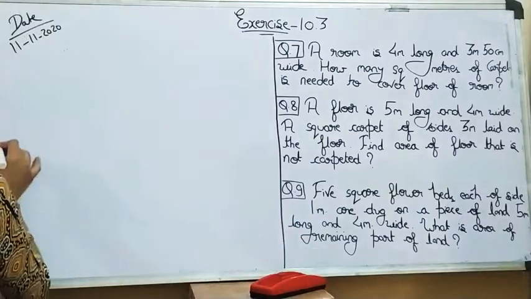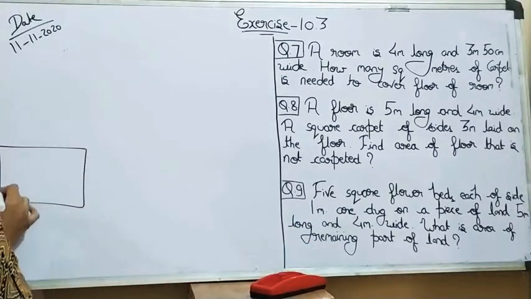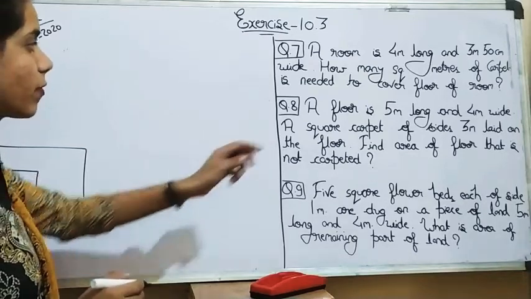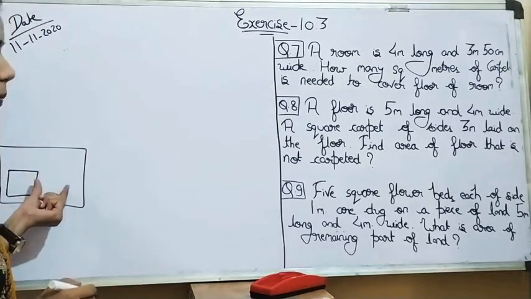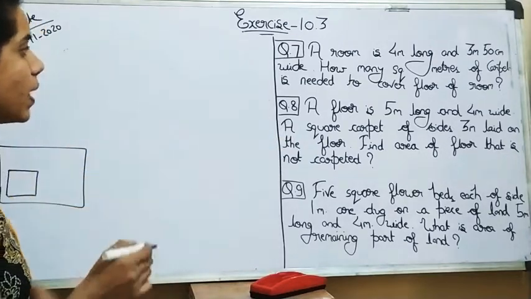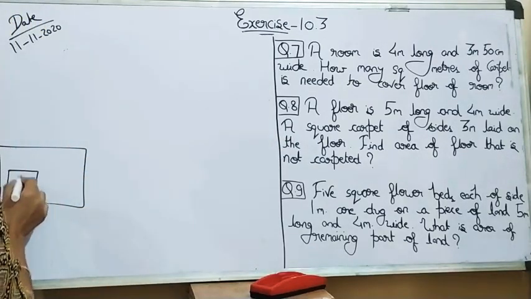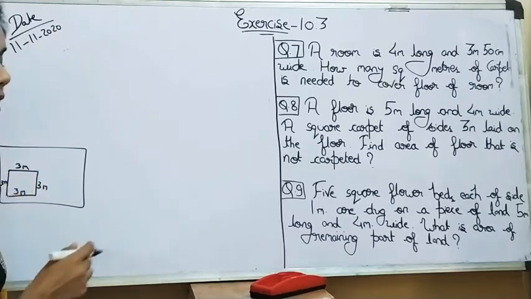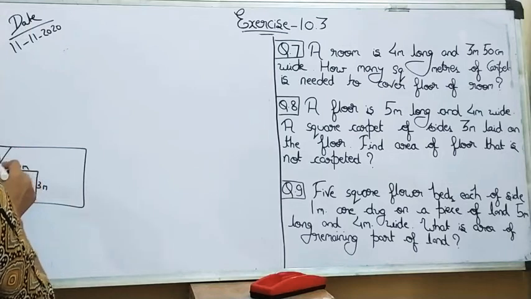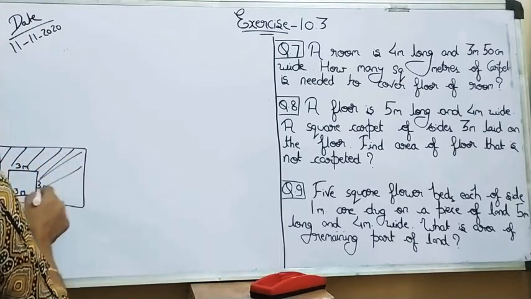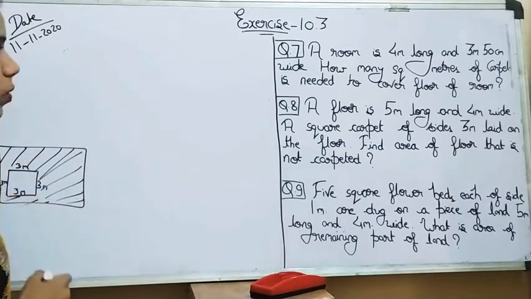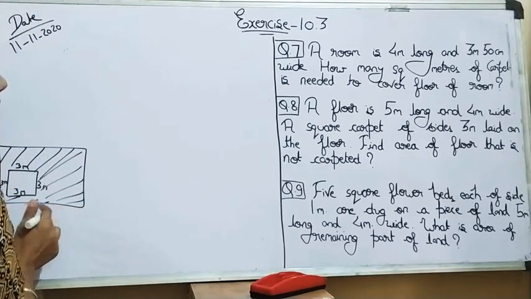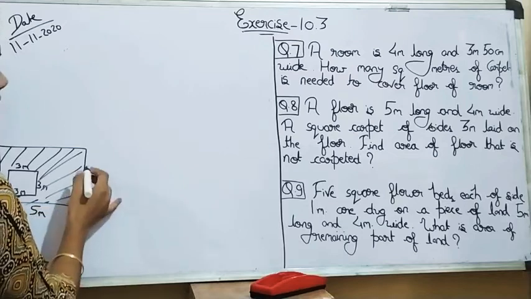Suppose this is a room and this is the small square of carpet. It is a square shape of 3 meter, meaning all sides of this are 3 meter. It is carpeted on the floor. We need to find out the remaining area of this floor. The whole floor is of length 5 meter and breadth 4 meter.